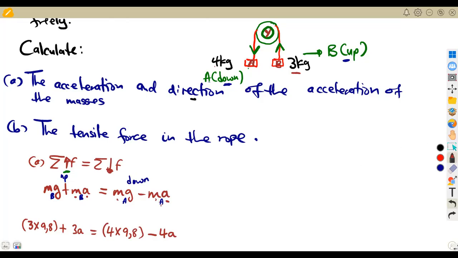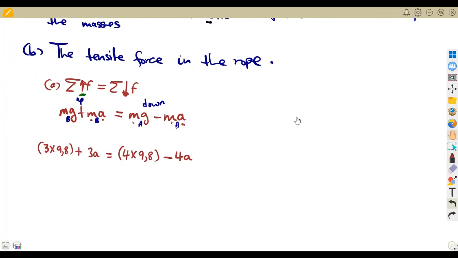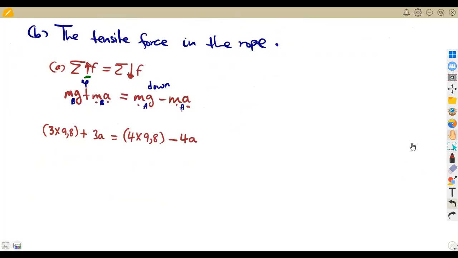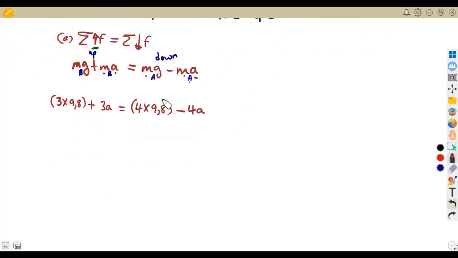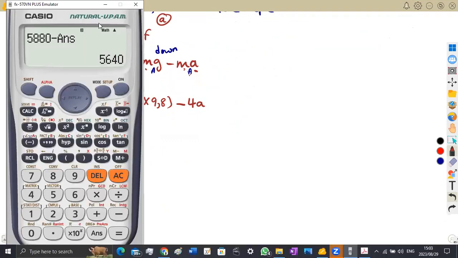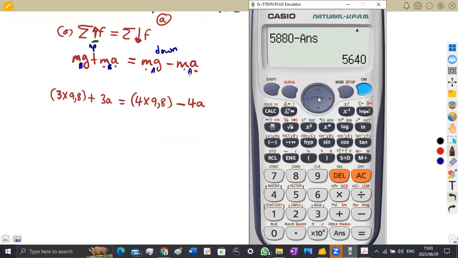So what has happened here? We have formulated an equation that we are supposed to solve, because our question is to find A, which is our acceleration. We can simplify these values stage by stage, which is fine. 3 times 9,8 first, which is 29,4.